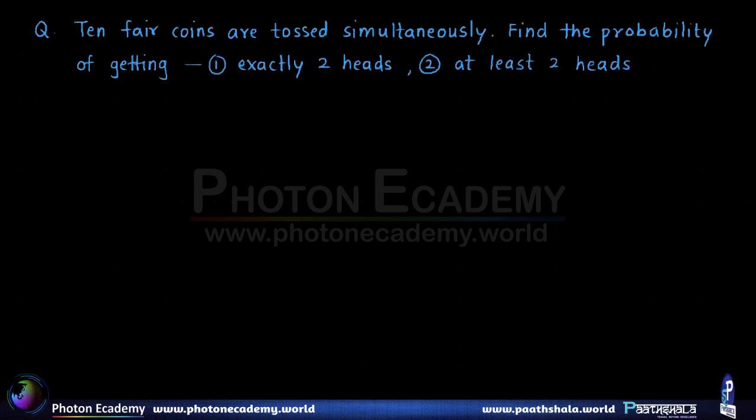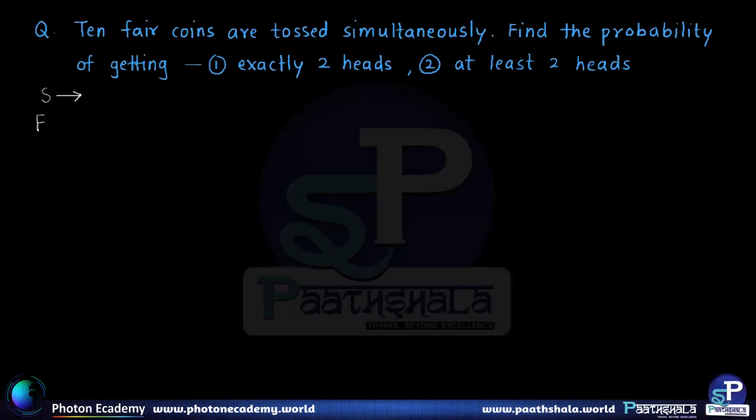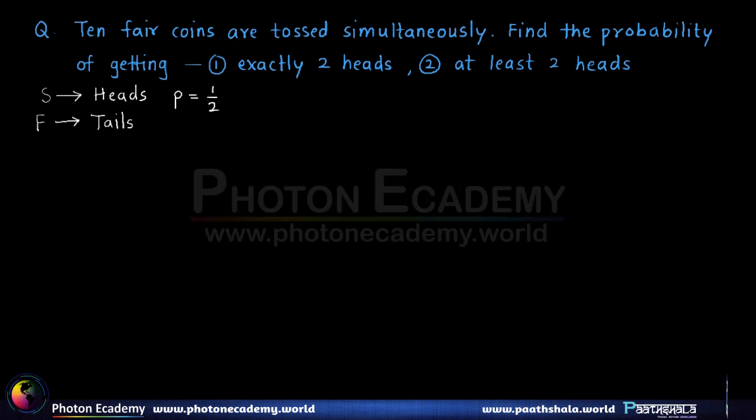So first of all, let us define what we mean by success and failure. Let us denote success as nothing but getting heads, and obviously the failure is if we get tails. Now we know that the probability of success is denoted by p, which is half, and the probability of failure q is also half, because heads and tails have 50% chances of appearing.